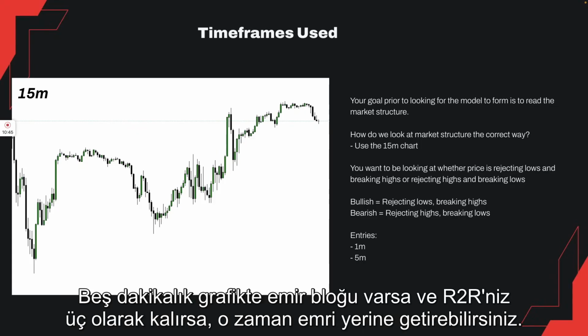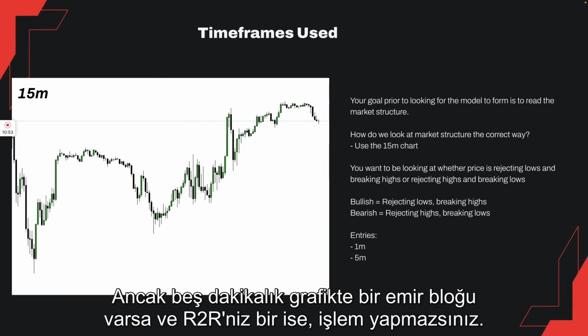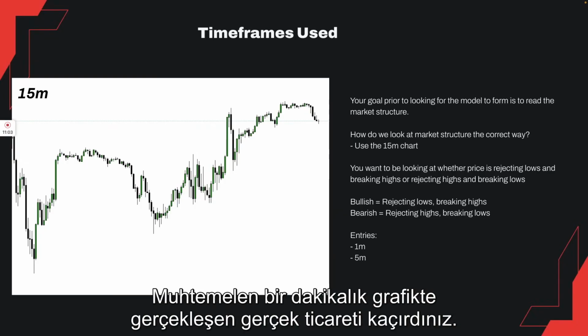If there is an order block on the 5-minute chart and your R to R remains 3, then you may execute. However, if there is an order block on the 5-minute chart and your R to R is 1, you do not execute. You probably missed the actual trade that played out on the 1-minute chart.